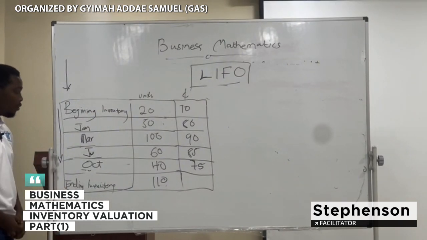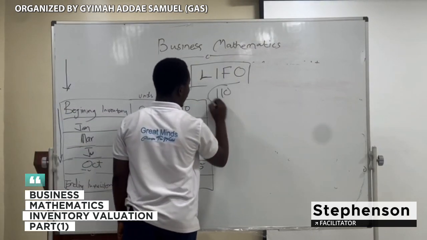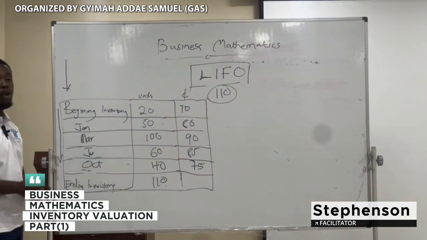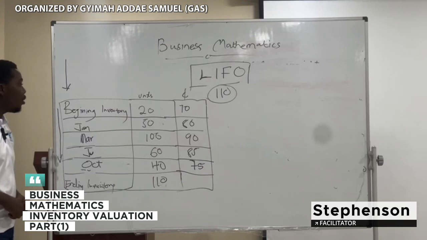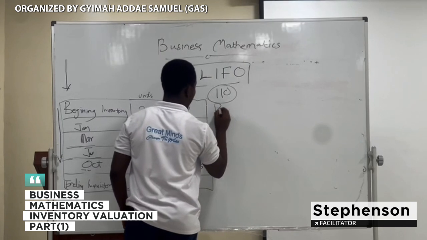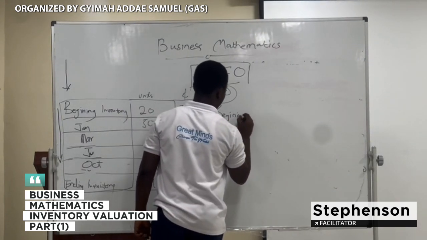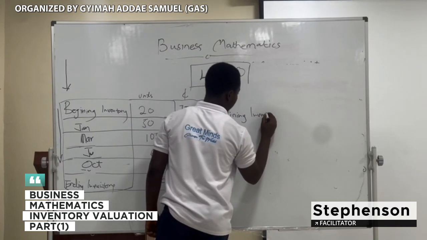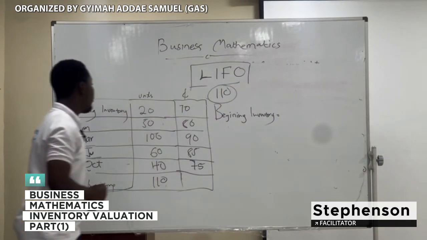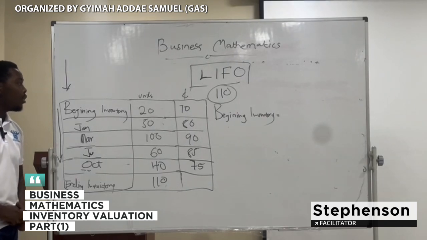So we have our ending inventory to be 110. Let's try and see if you can value this inventory, whereby we said we value it from the top to down. Okay, so we will start with our beginning inventory. With our beginning inventory, we have only 20 units.